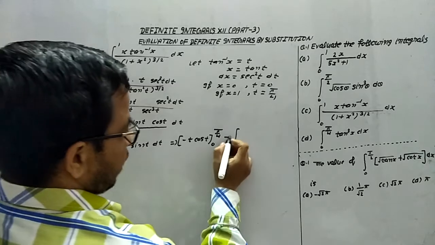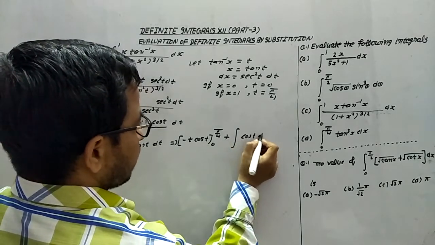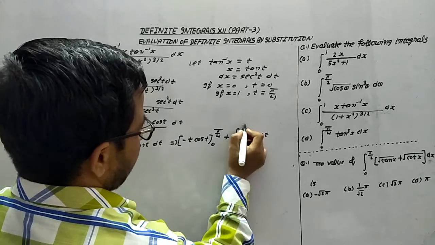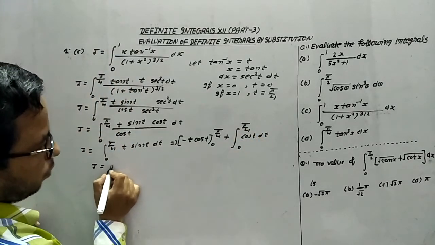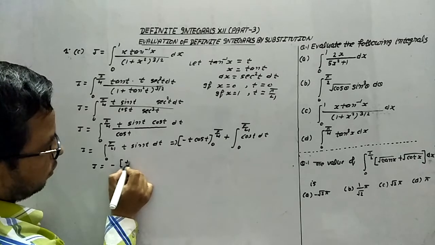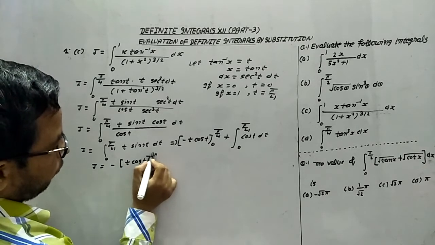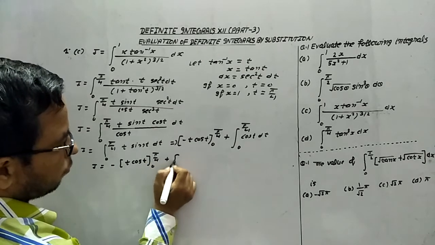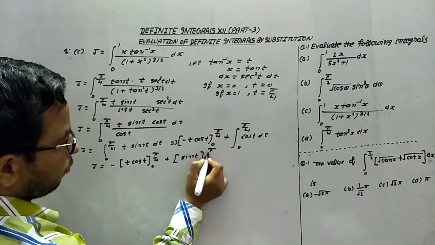What is the integration of sin t? Minus cos t dt, and limit is 0 to pi by 4. So I is equals to, you can take minus outside, t cos t 0 to pi by 4 plus, cos t means sin t 0 to pi by 4.